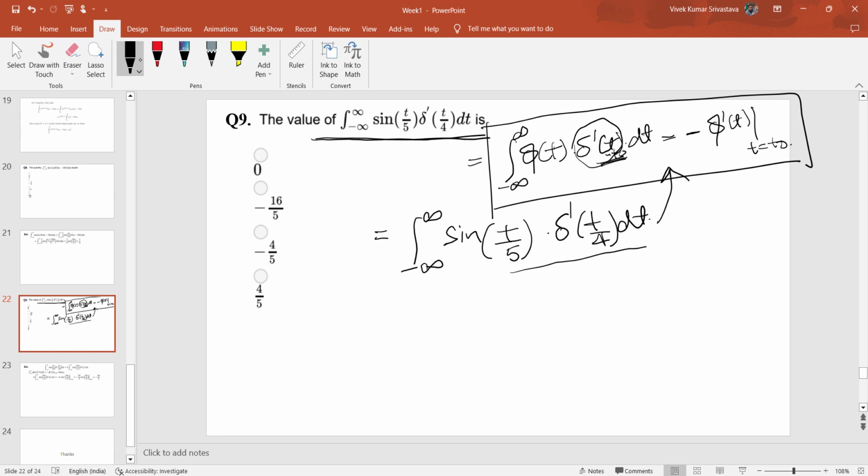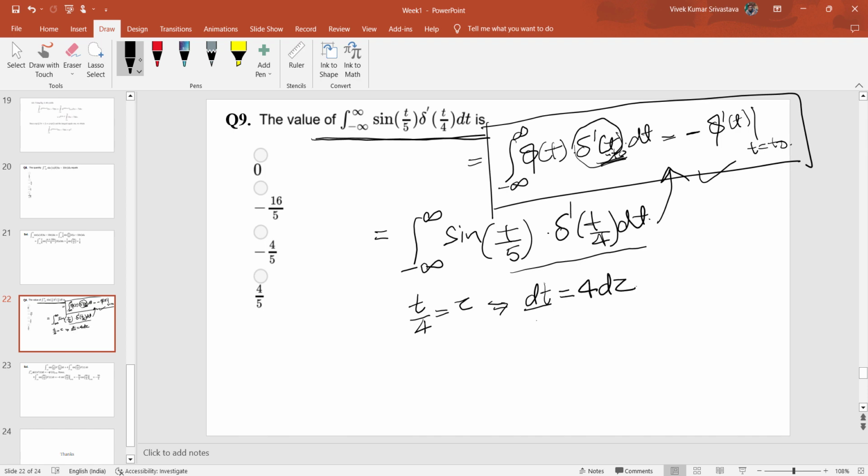So we cannot directly use this property. To make it the same, we will substitute this t by 4 with another variable, tau. Basically we are trying to change the limit as well as this variable. So dt will be equal to 4 d tau.